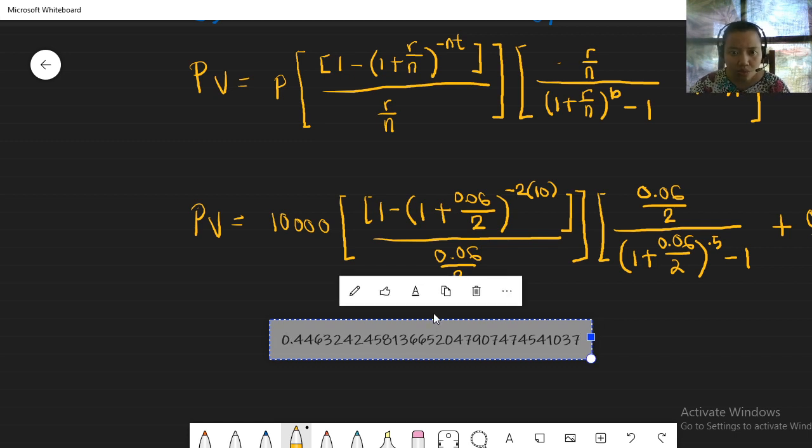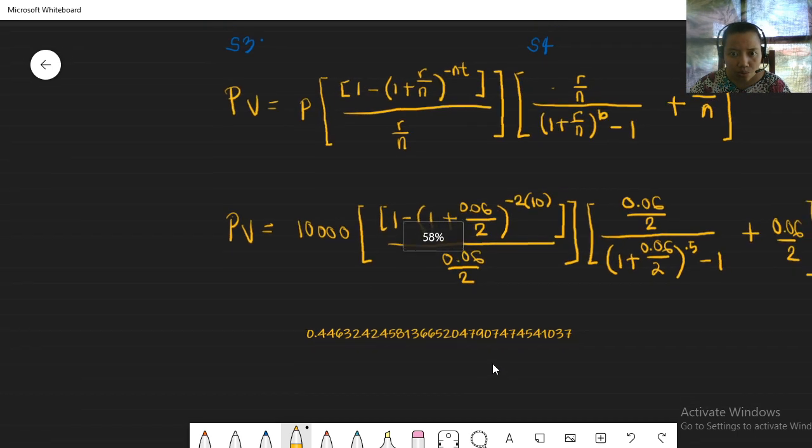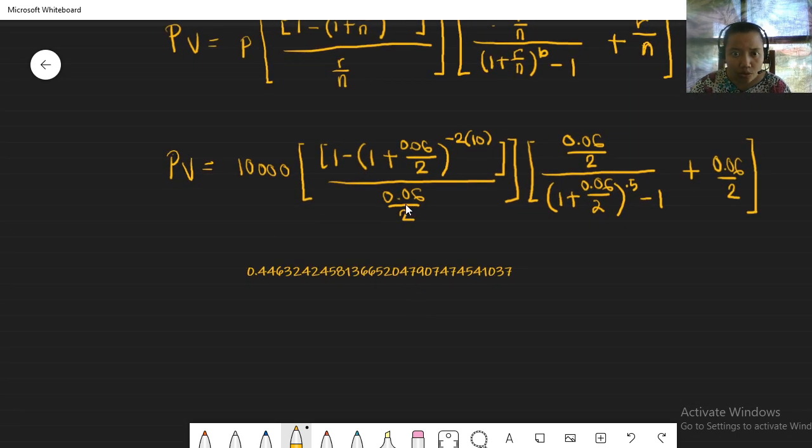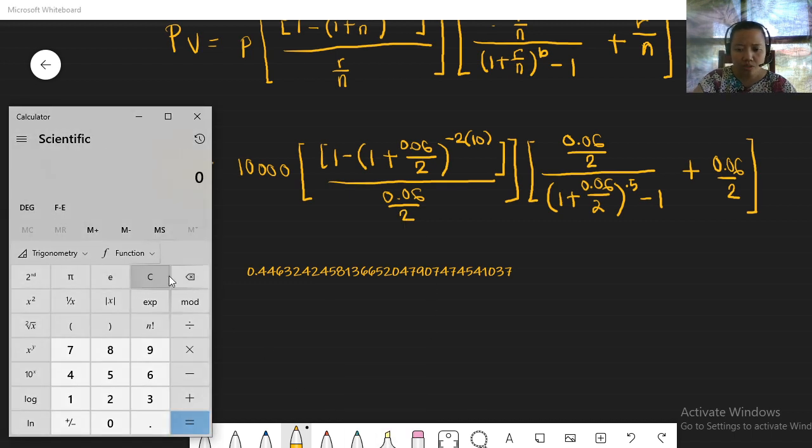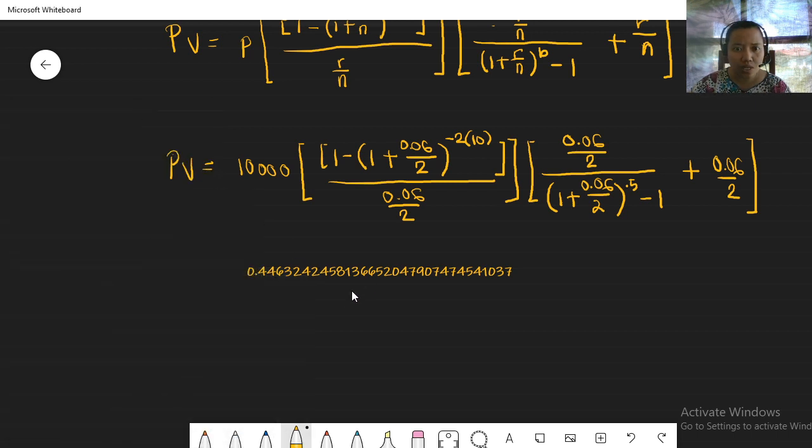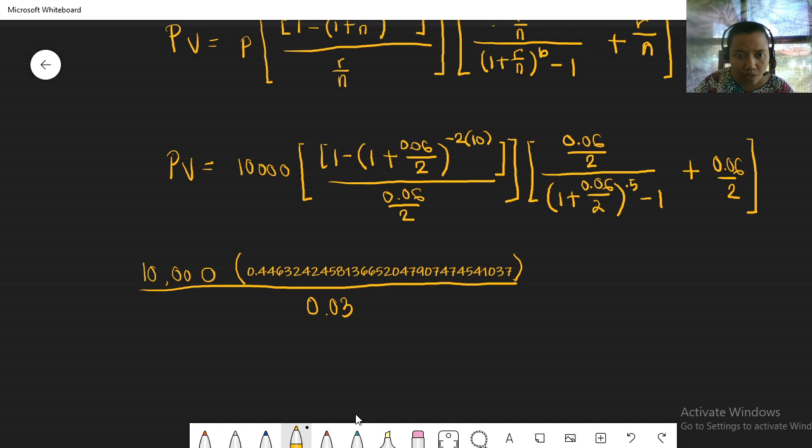Let's also divide 0.06 divided by 2. The result of this is 0.03. Of course, we are going to multiply also the 10,000, and then let's divide all with 0.03.